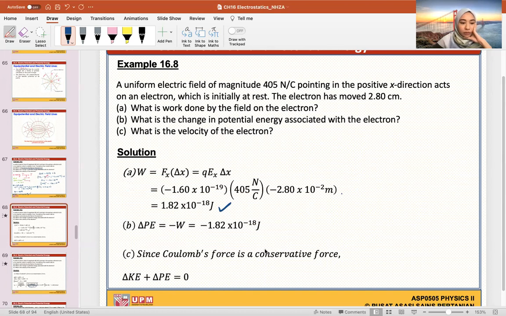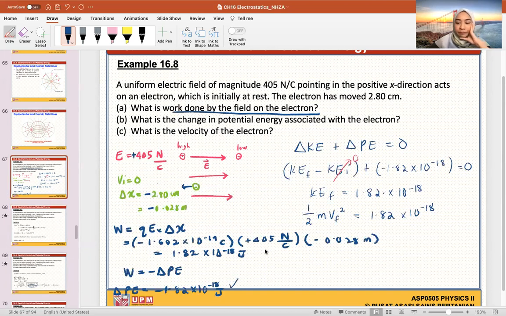So 1/2, 9.11 times 10 to the minus 31, v final squared equals 1.82 times 10 to the minus 18. Now I can solve for my final velocity, times 2 divided by 9.11 times 10 to the minus 31, then square root the whole thing.